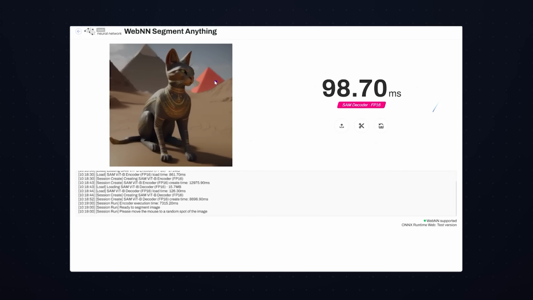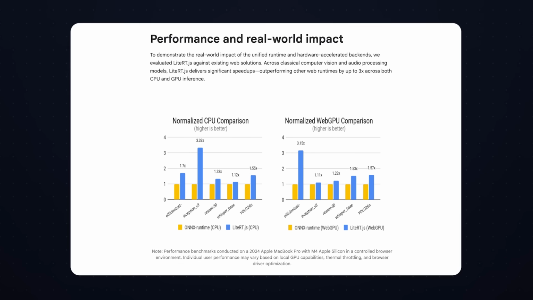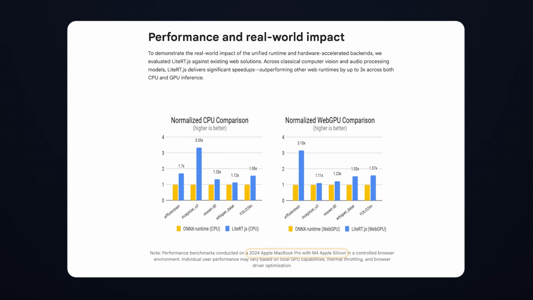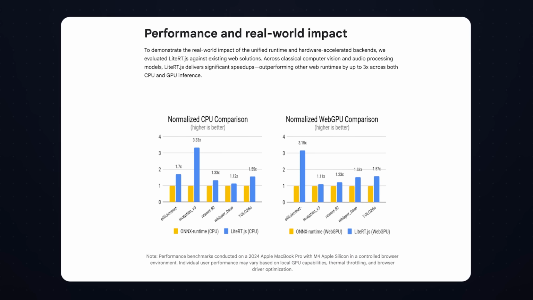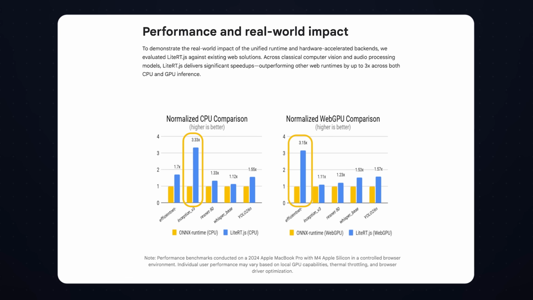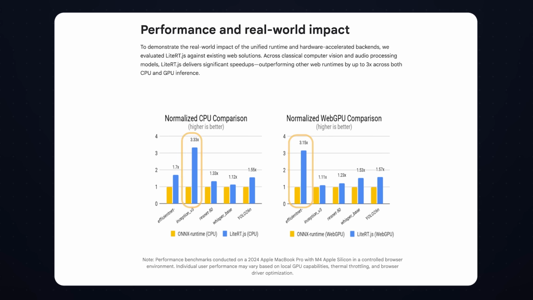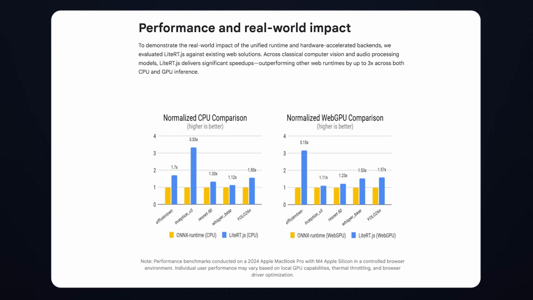hardware for power-efficient inference. And according to Google's own benchmarks, which they conducted on a 2024 MacBook Pro with M4 Silicon, it appears to have a 3 times faster inference than other web runtimes on CPU and GPU across vision and audio models.